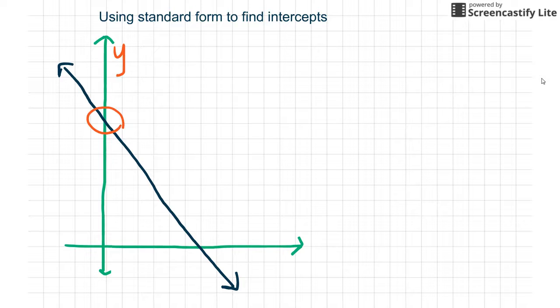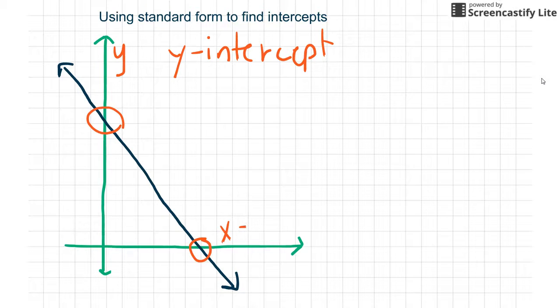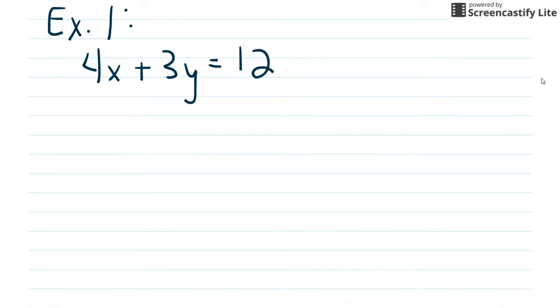Well, if that's my line, this point right here, where it crosses the y-axis, is called the y-intercept. And same thing down at the bottom. This point down here where it crosses the x-axis is called the x-intercept. So when we use this to find our intercepts, that's what we're going to be finding. We're going to be finding these points at where they cross.